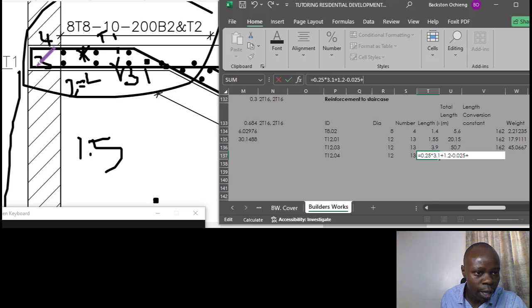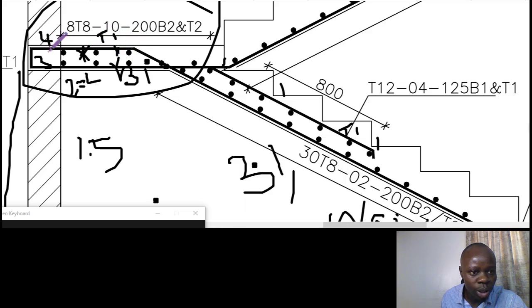Then what is bending here, it's 150, but then we less 25 above and 25 below, so that is 150 minus 50, that gives us 100, that is 0.1, sorry. Then we add, now here at number 4, the one that is bending all the way and turning here, we take the whole landing halfway. The whole landing is 1 meter, so half of it is 500, but then we add the 200 minus the cover.